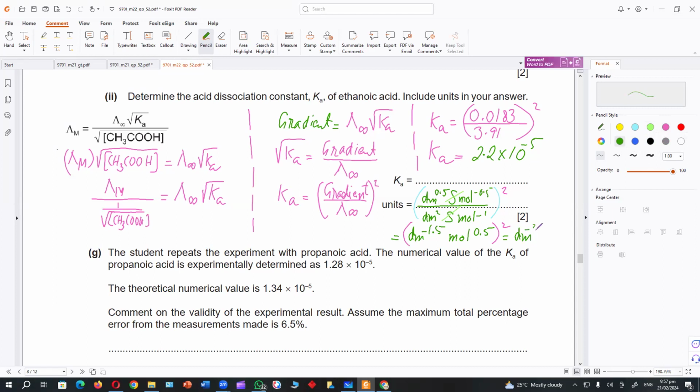It will be minus 3, and I'm getting this, dm minus 3 into mole. Mole power will become 1. Yes.